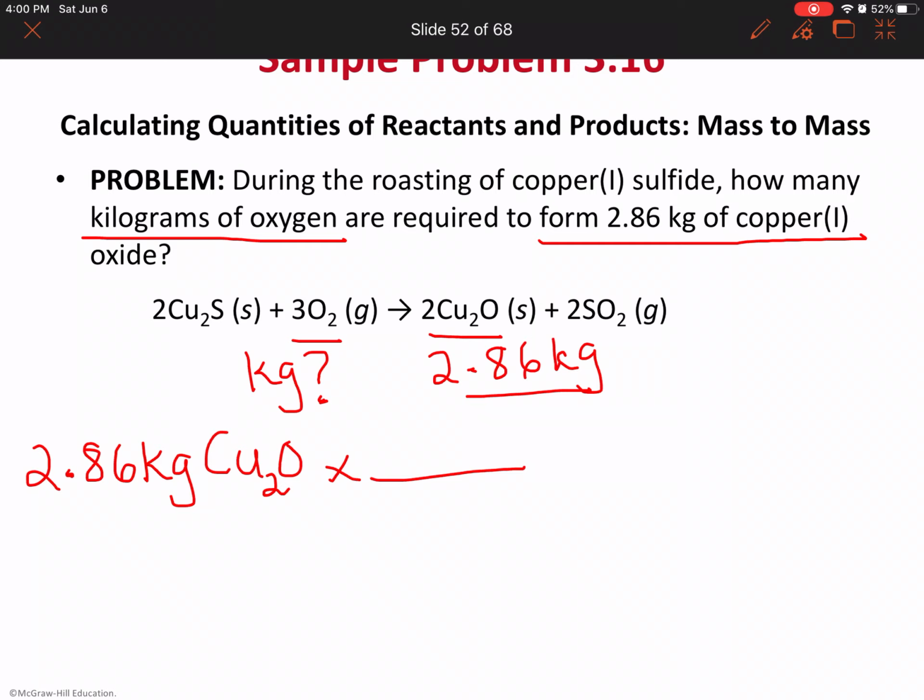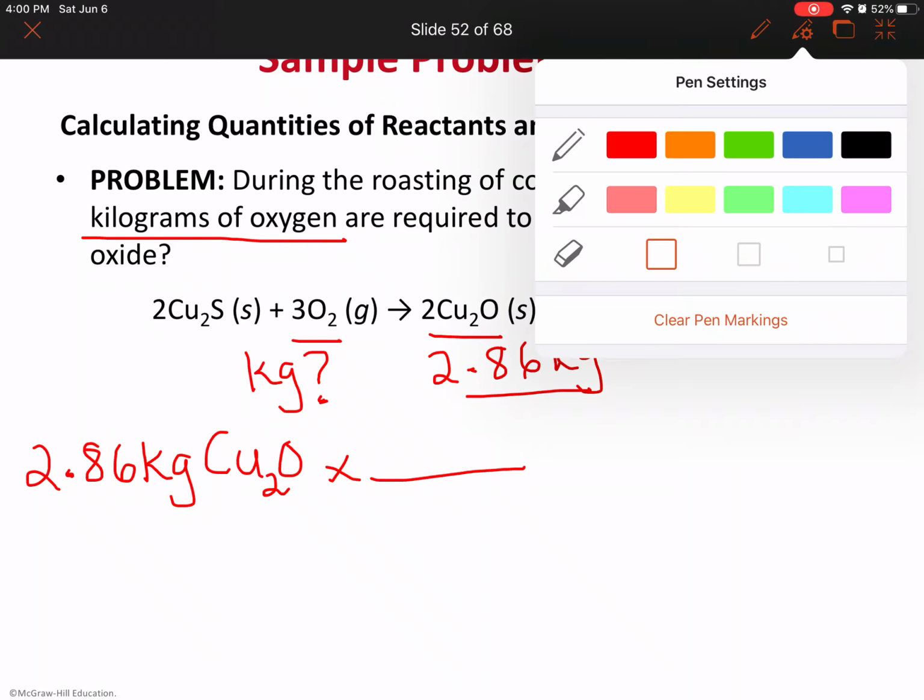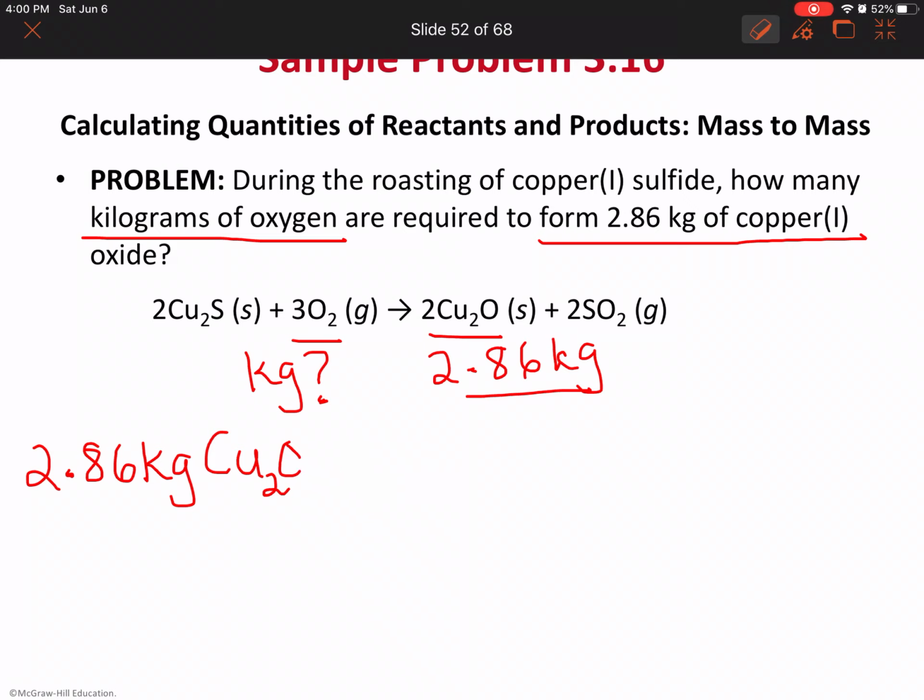I'll go ahead and convert it. So 2.86 kilograms, if you convert it to grams, 1 kilogram is 10 to the power 3 grams.